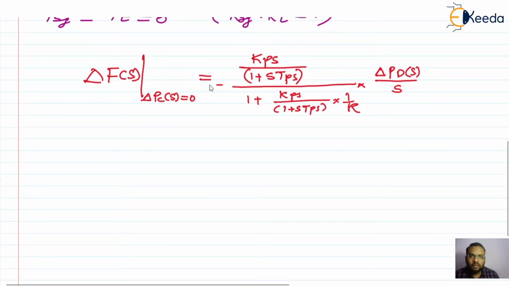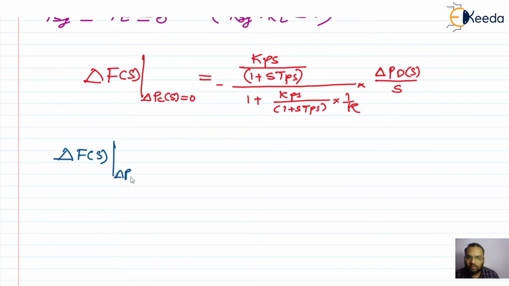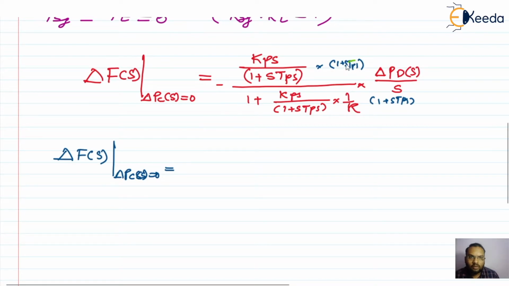Let us apply some mathematical operations to reduce this equation and make it simple. PC of s is equal to 0. Now let us multiply and divide with 1 plus s TPS. If we multiply this, these terms get cancelled here, but it multiplies with this one.